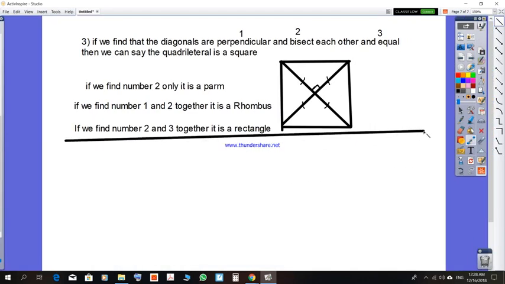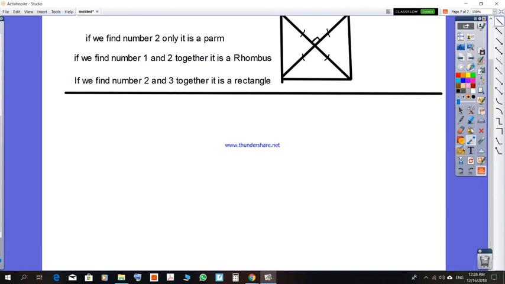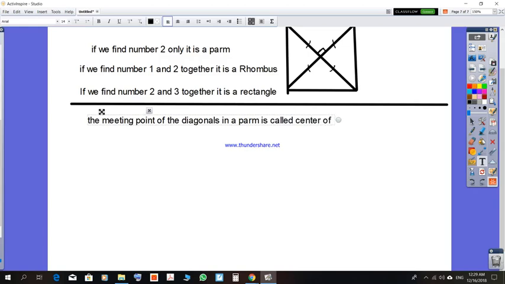Here we have the meeting point of the diagonals in a parallelogram, which is called the center of symmetry.